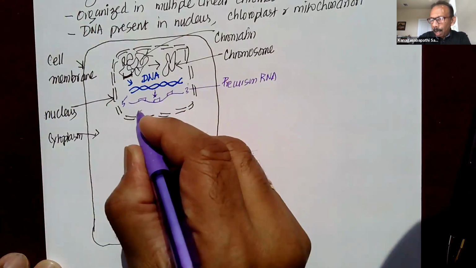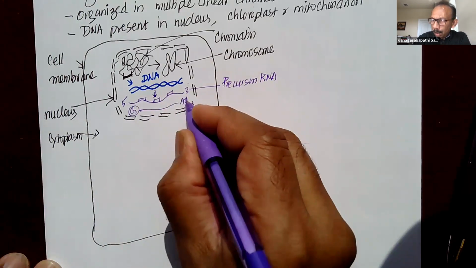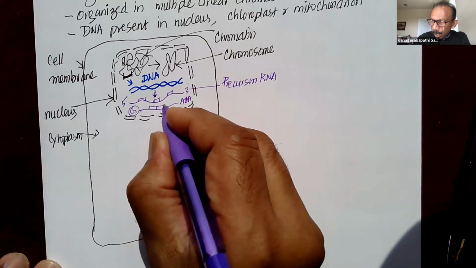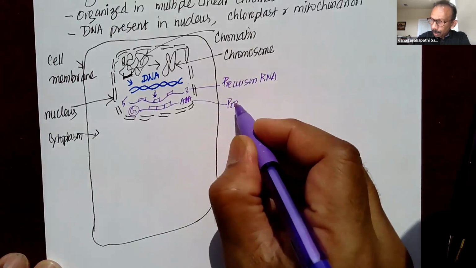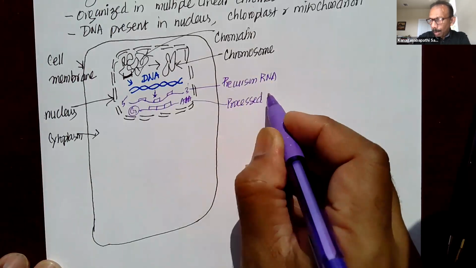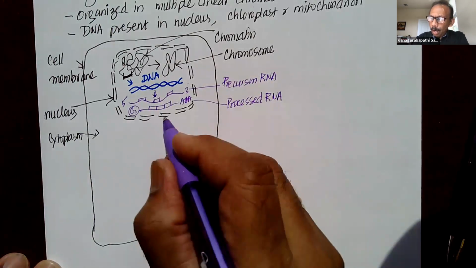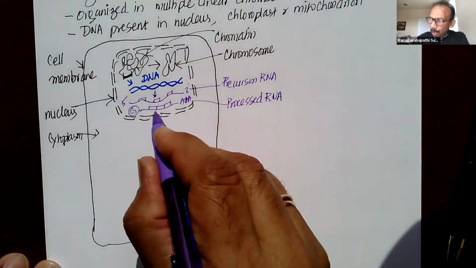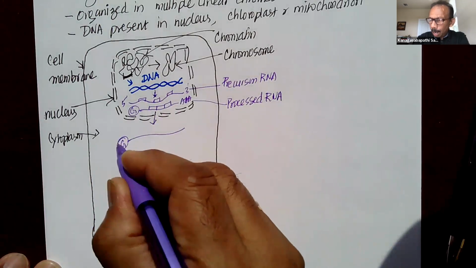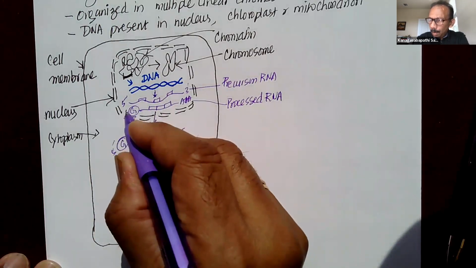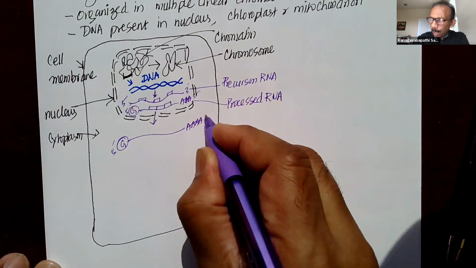Then they add the G cap and the poly A tail, and all these exons are connected together. So that is processed RNA. So this RNA now comes out into the cytoplasm. So here is the G cap at the 5' end and poly A tail at the 3' end.